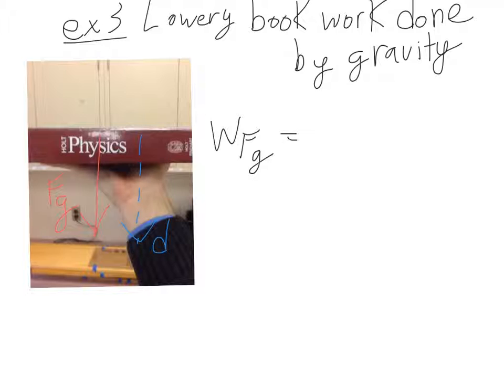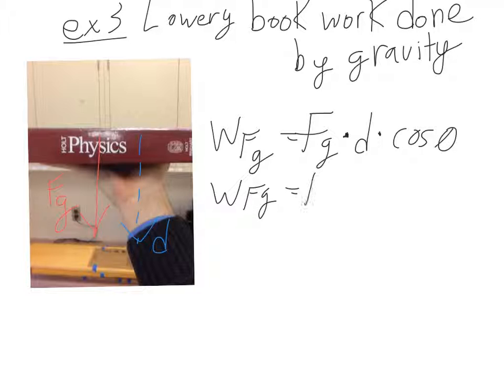So we're going to use the same equation, only now I'm talking about the work done by the force due to gravity. And that means my force will be the force due to gravity times the displacement of the book times the cosine of the angle between those two things. So the cosine of theta is going to be 0 degrees again, because now the force that is doing the work is parallel to the displacement of the object.